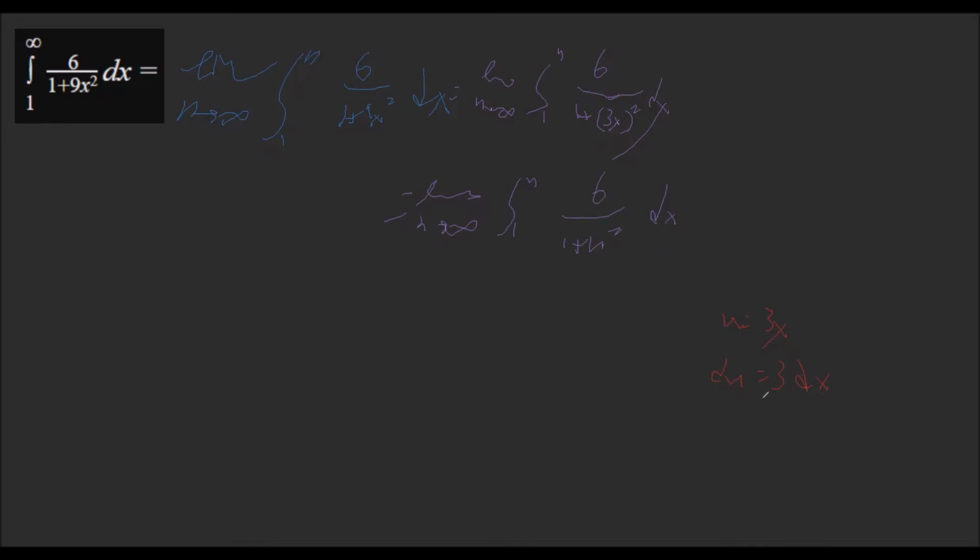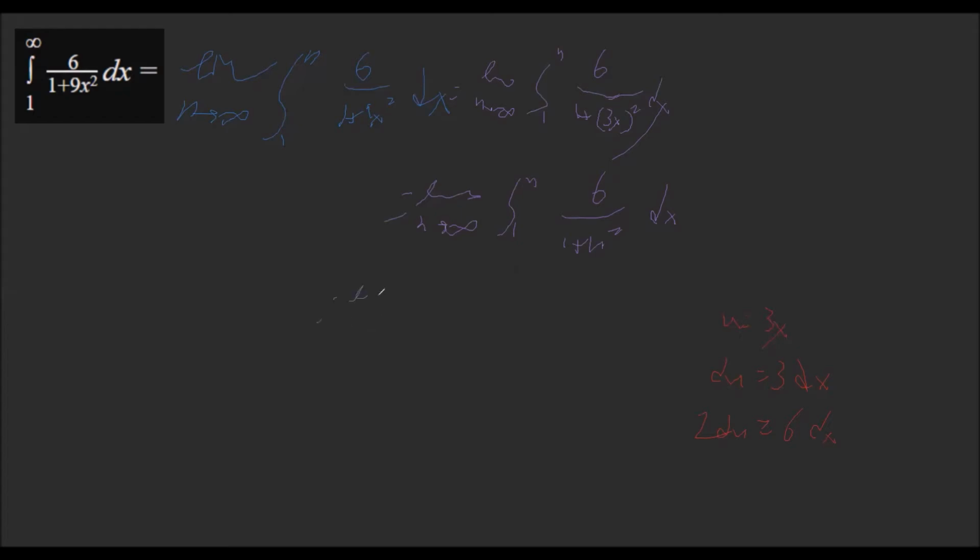And so we need to get rid of our dx. We can do so by substituting our du in for dx. However, we're going to have to manipulate this quite a bit. We're going to say that 2 du is equal to 6 dx. And this is because we have a 6 dx in our integrand. And so from here, we can substitute 2 du in for 6 dx.